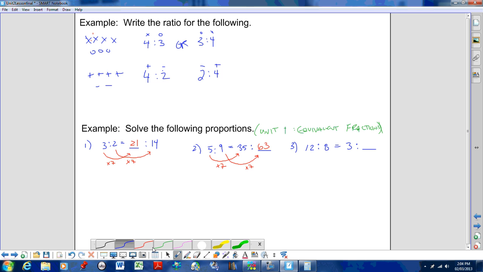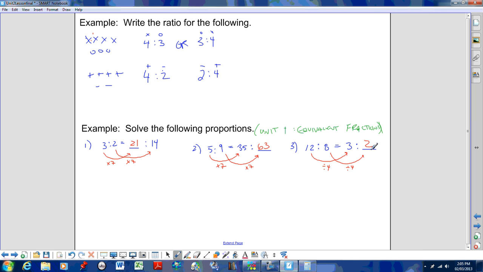This one's a little bit different because the first terms are partnered up, but what happened to the 12 to get a 3? In order for the 12 to become a 3, it got smaller. And when you make things smaller, you divide. So 12 divided by 4 is 3. So we need to take our second term and divide it by 4. 8 divided by 4 would be 2. So it is possible to scale down, is what we call it.